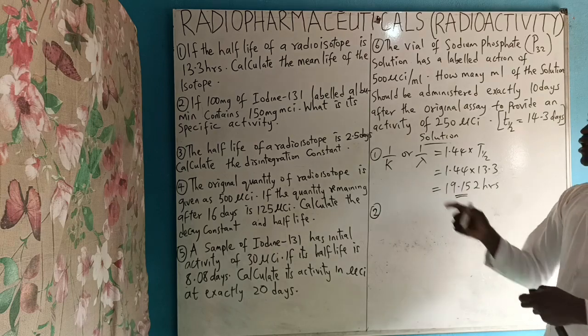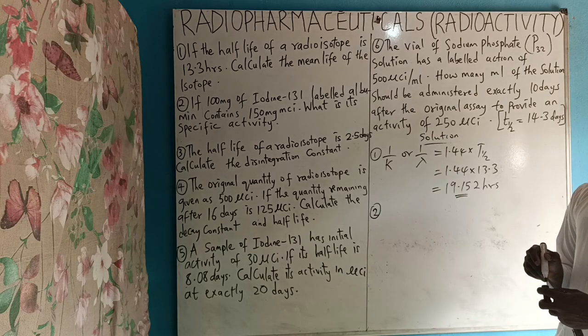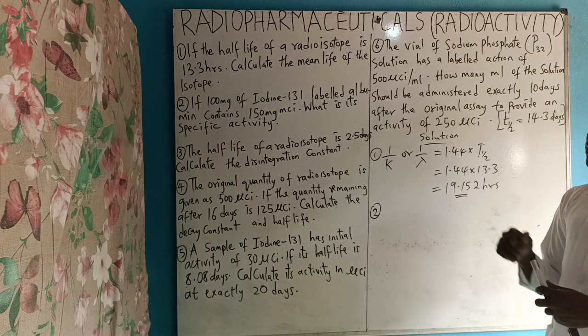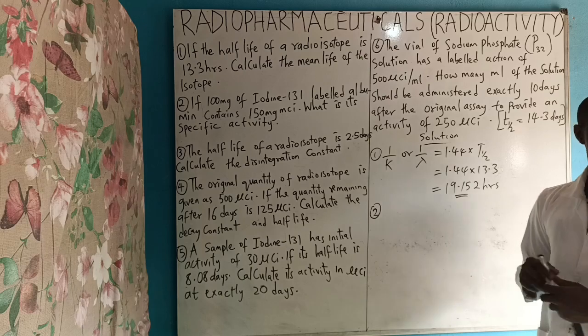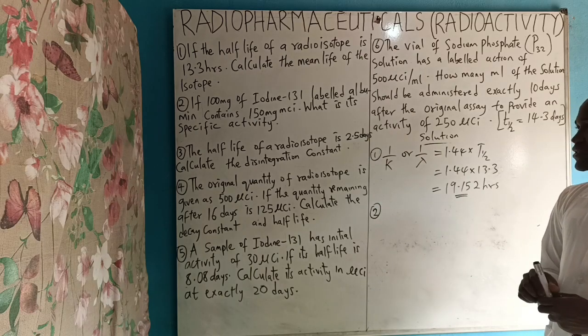Okay? Then number 2: if 100 milligram of iodine 131 labeled albumin contains 150 millicurie, what is its specific activity? Now, we had a formula on specific activity.